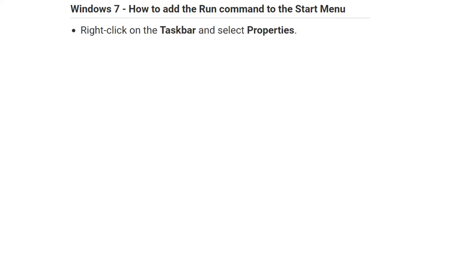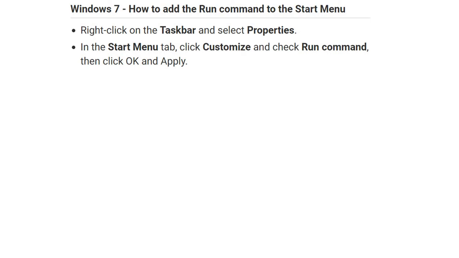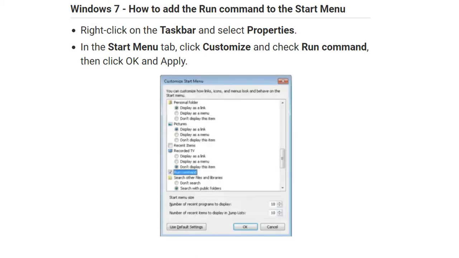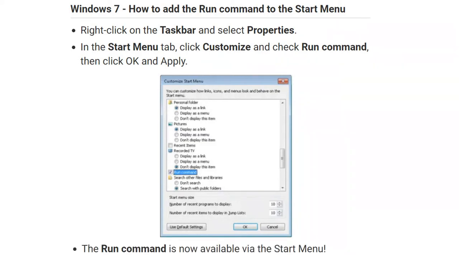So right-click on the taskbar and select Properties. In the Start menu tab, click Customize and check Run command and then click OK and Apply. The Run command is now available via the Start menu.